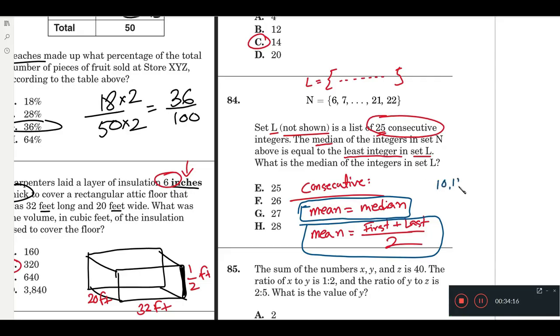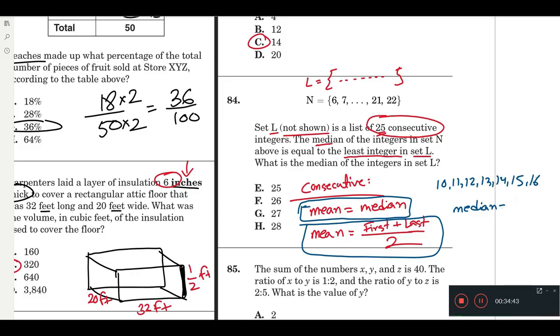Let's say I have 10, 11, 12, 13, 14, 15, 16. Taimur, tell me what is the median? You cross them out, remember? 13, right? And how do you find the mean?